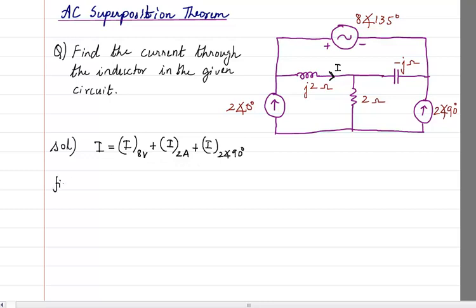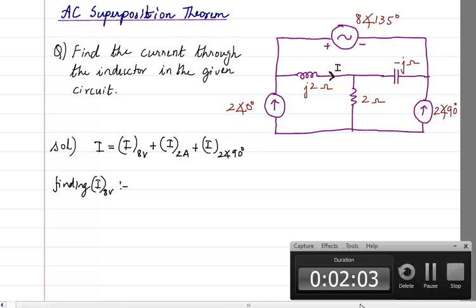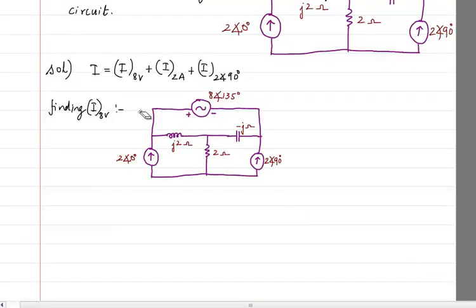Finding I because of the 8 volt. That is the first thing that we have to find. First we redraw the circuit. Here I have redrawn the circuit and now I have to take only one source.